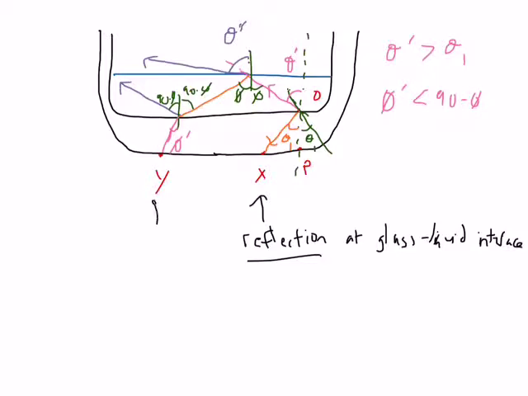I'm just going to write 3 steps. Those 3 steps I just said. And then why is spot Y farther away? Well, because to obey those laws of reflection and refraction, since we have to bend away from the normal once and back to the normal once, we travel a bigger horizontal distance. It's basically a geometry statement.